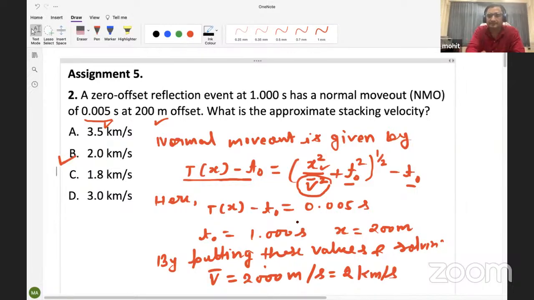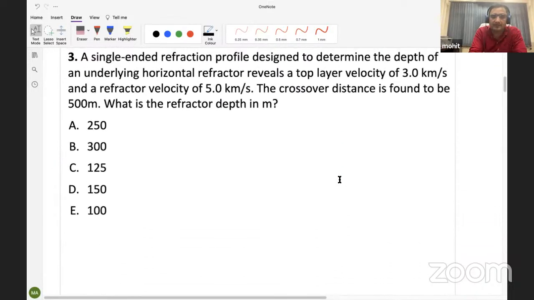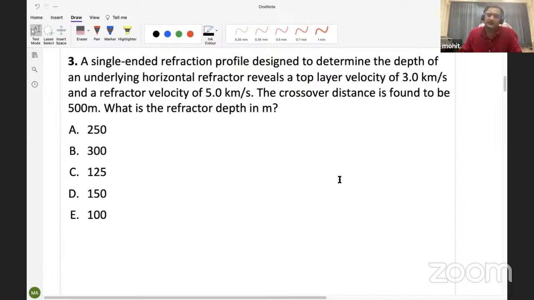Likewise, let us go ahead and solve another question that seems a little typical. The question says that a single-ended refraction profile designed to determine the depth of an underlying horizontal refractor reveals a top layer velocity of 3 km per second and a refractor velocity of 5 km per second.